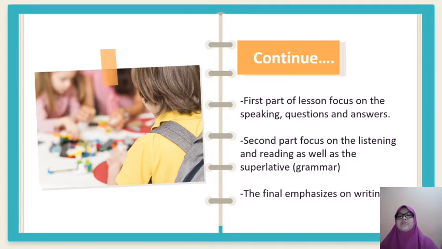It focuses on the listening and reading as well as the superlative, the grammar part. For listening, first I give them an idea about the solar system by providing them with a song, a video from YouTube.